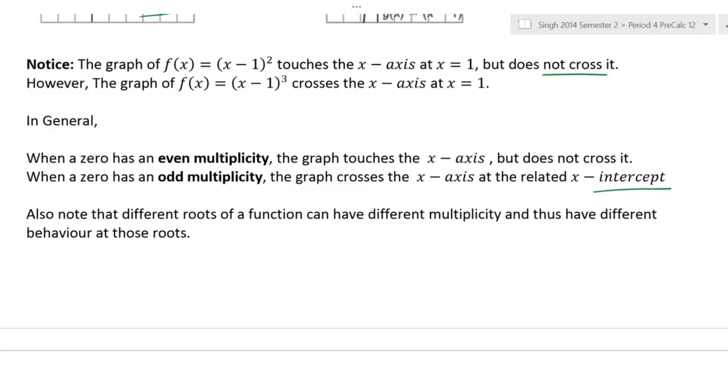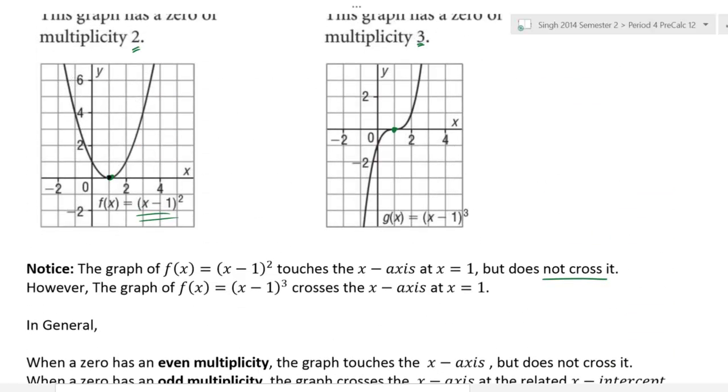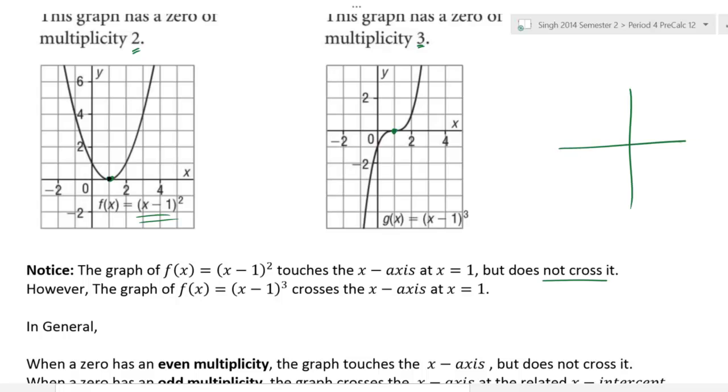Also note that different roots of a function can have different multiplicity and thus have different behavior at those roots. You can also have a combination graph. So for example, I could also have had a graph that would have done something like this. It could have done this and then bounced right off over there. So at this root, it would have passed through, and you would have known that it's got an odd multiplicity.